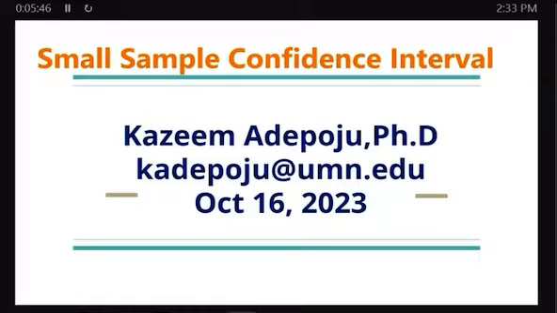What determines sample size, particularly if you are conducting clinical research? Let's have biostatistics in mind now. Let's have medical research in mind. What determines the sample size?